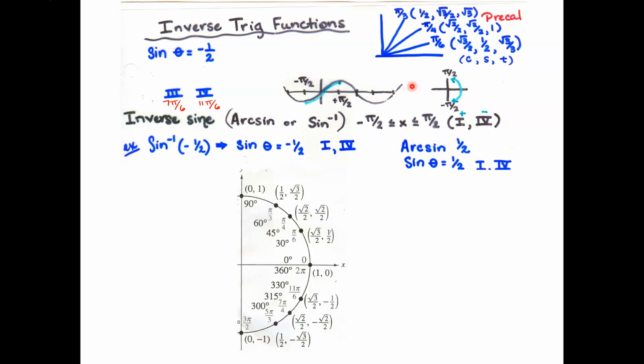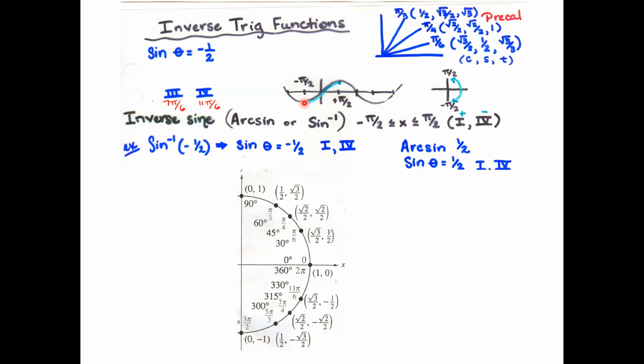And so to have an inverse trig function, we're going to need to only use a portion of the sine curve. So we're only going to use the portion from -pi/2 to +pi/2. If we used that piece right there, notice that it would pass both a horizontal line test and a vertical line test.